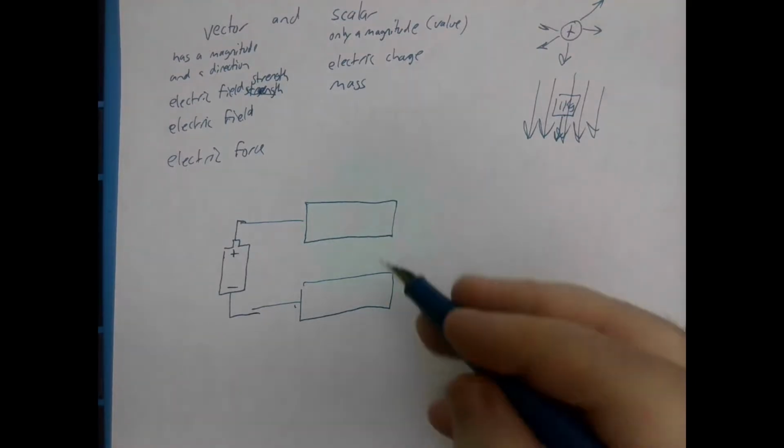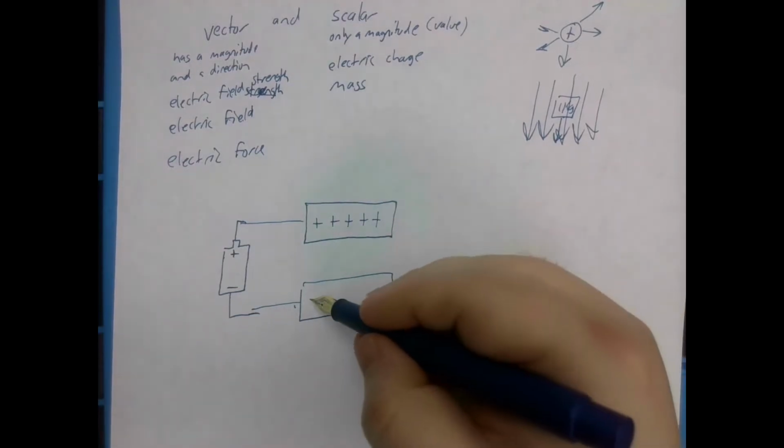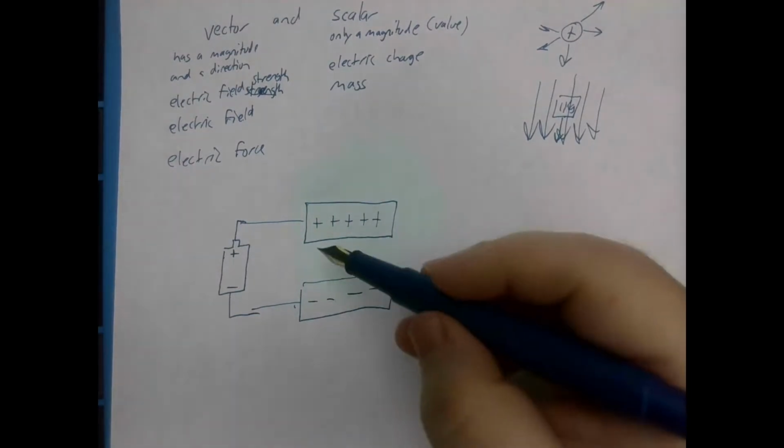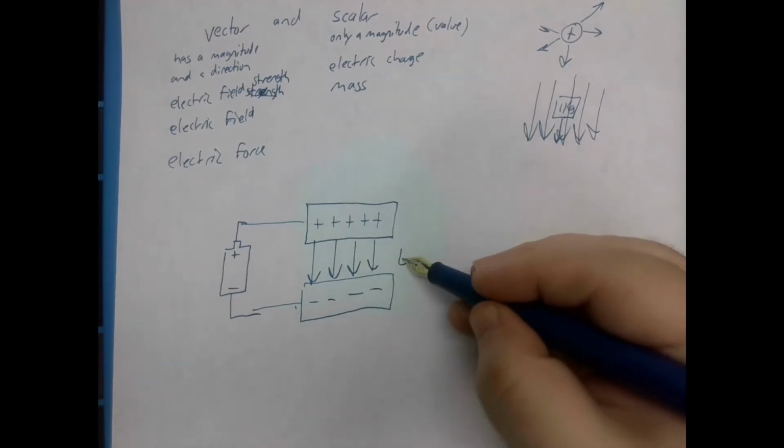Then this will become more positive over time, this will become more negative, and we end up creating an electrical field that is uniform.